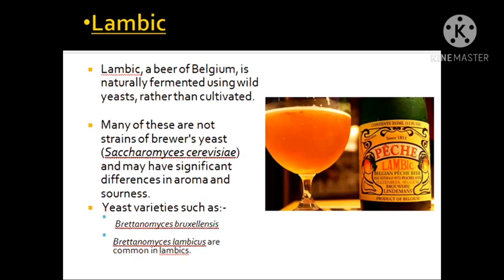Many of these are not strains of brewer's yeast, Saccharomyces cerevisiae, and may have significant differences in aroma and flavors.